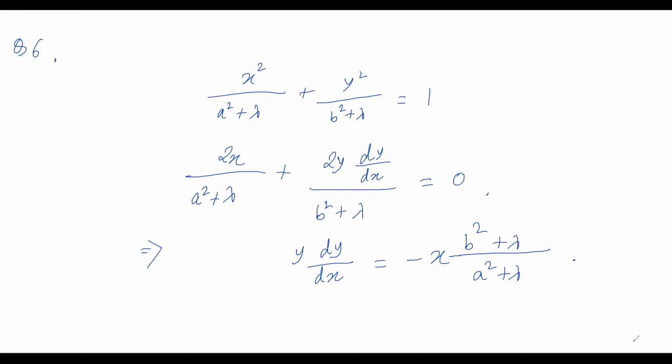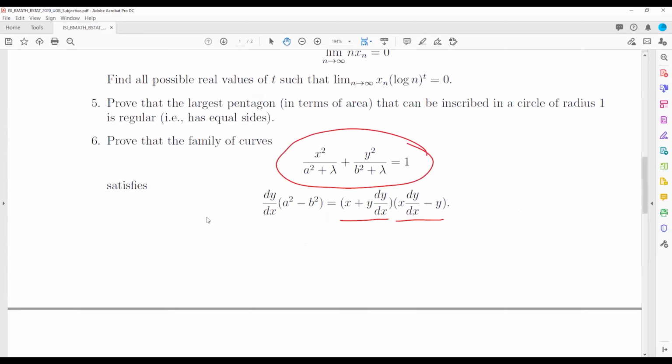And now again, as I told you, we need to work with these two quantities. So let's first work with x plus y dy by dx. Now we have y times dy by dx. So let's add x with it and see what we are getting.